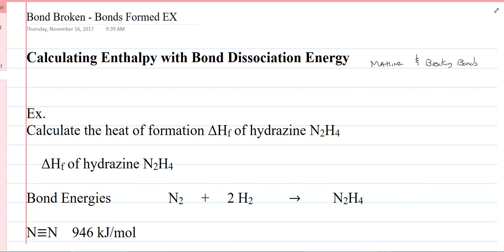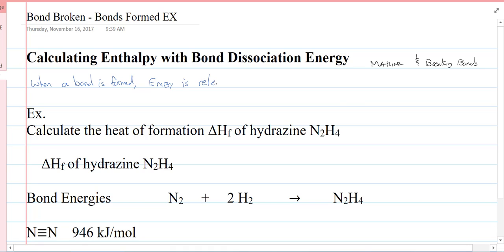We know when a bond is formed, energy is released, which is an exothermic process.